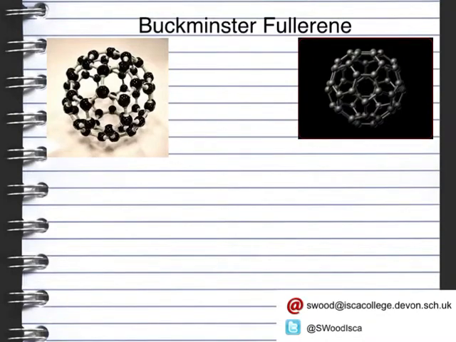Buckminster fullerene is a relatively recent discovery of one of the structures or allotropes of carbon. Now, unlike the graphite and the diamond, Buckminster fullerene has a limited number of carbon atoms. There are only 60 carbon atoms within a Buckminster fullerene structure.